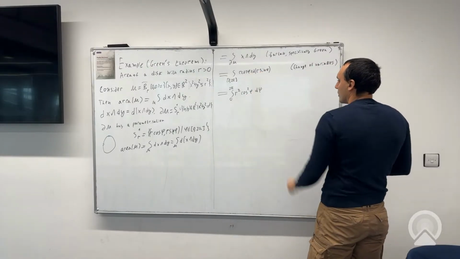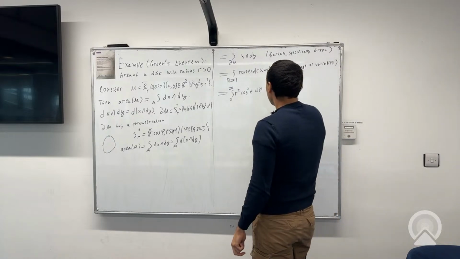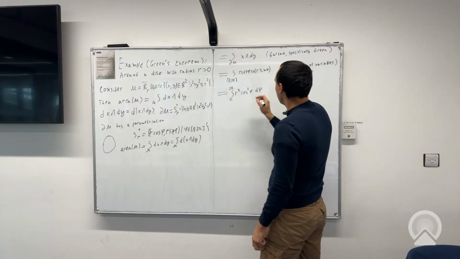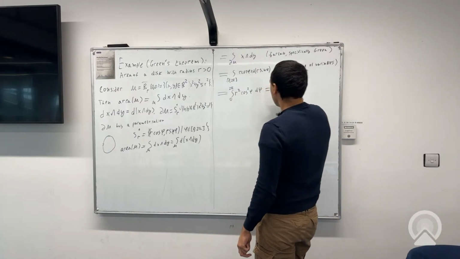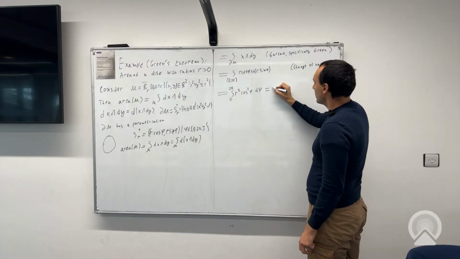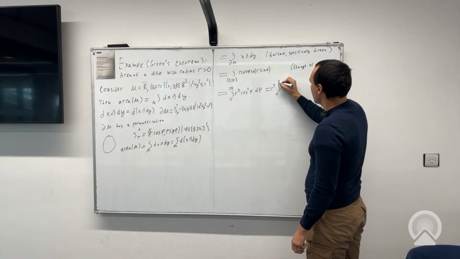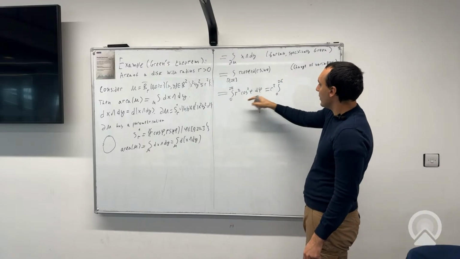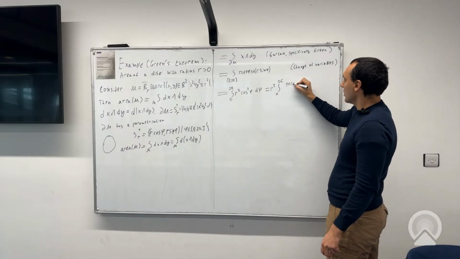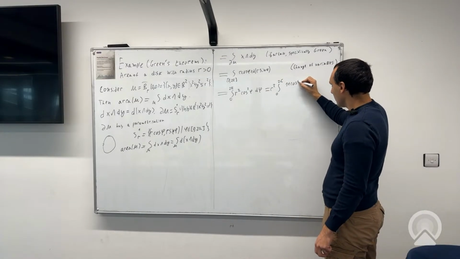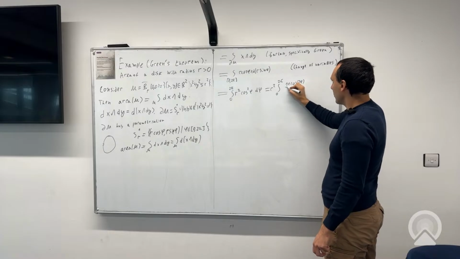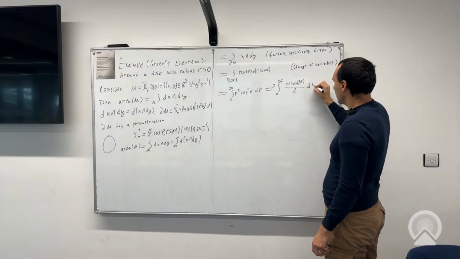So we have cosine squared. And now we're just doing some trigonometric stuff. So r is constant, the integral from 0 to 2 pi, and cosine squared phi is, this is elementary trigonometry, (1 plus cosine 2 phi) over 2 d phi.